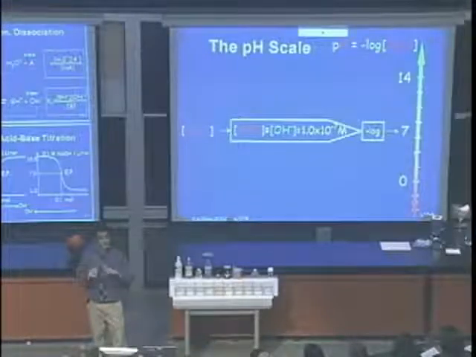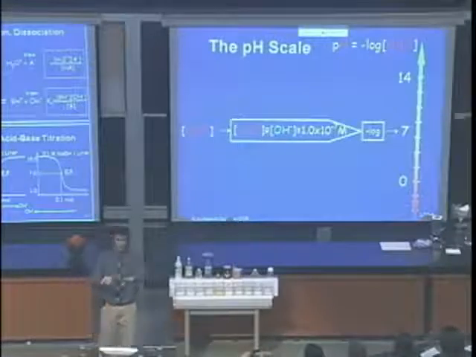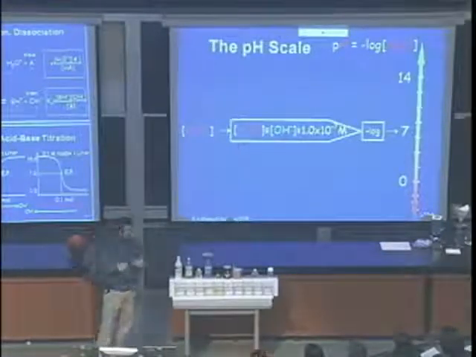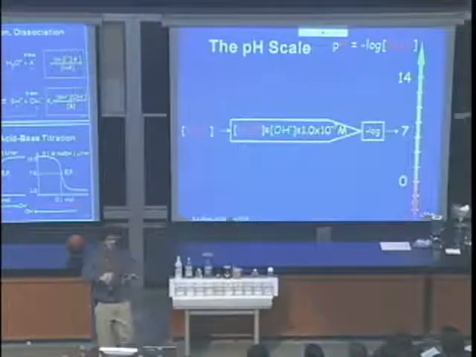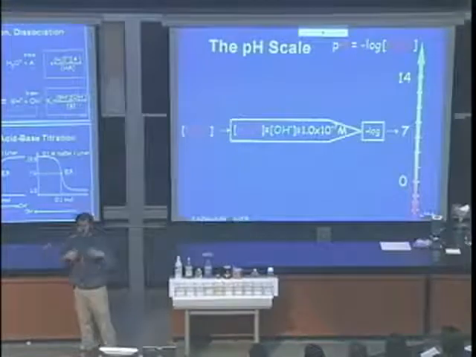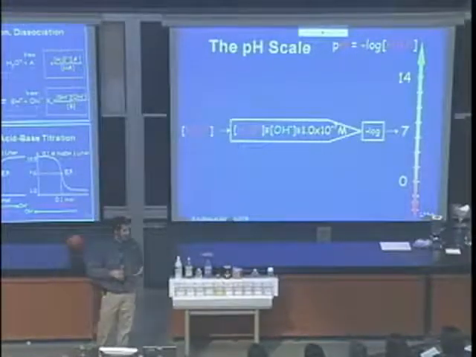HCl is a strong acid. So what do strong acids like to do? Give up the proton. And pretty much always, once they're dissolved in water, they will give up all their protons. So if I have 10 moles of HCl and it gives up all its protons, how many moles of protons do I have? 10 moles.